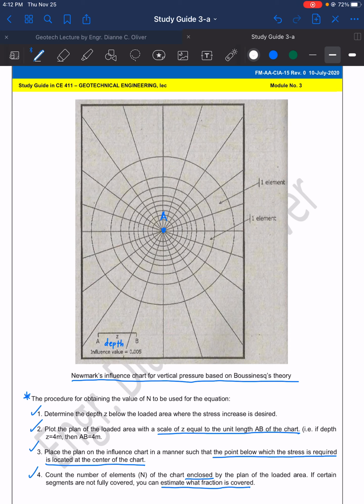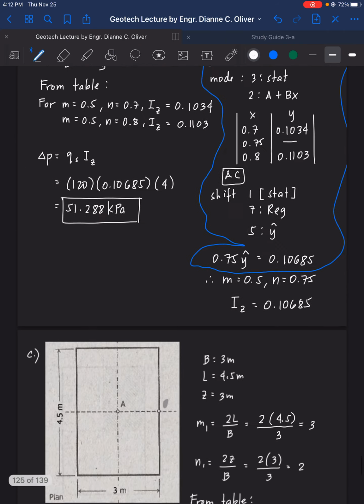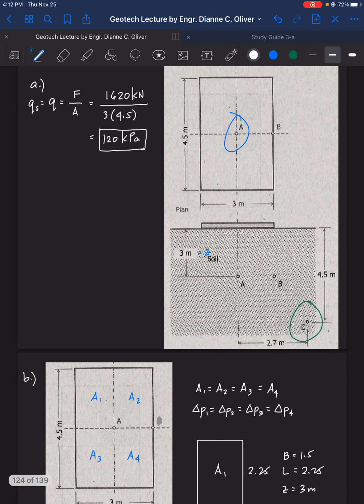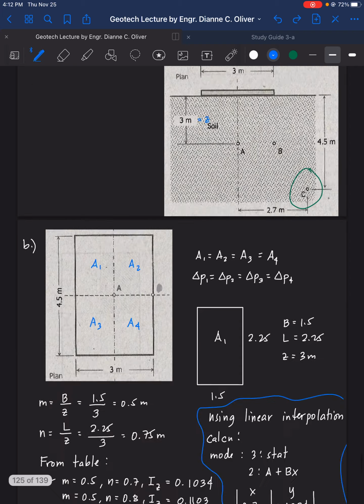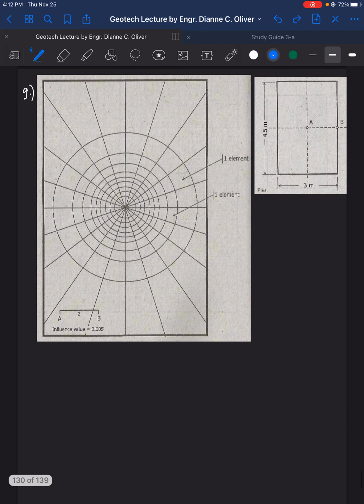Number 1, determine the depth below the loaded area where the stress increase is desired. What's the depth of A again? The depth of A is 3 meters. So Z is equal to 3 meters.